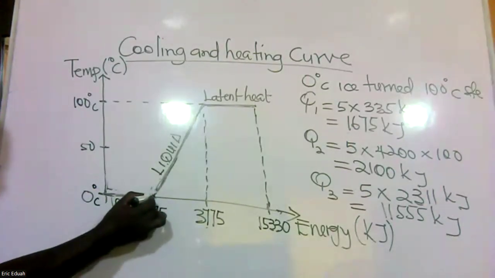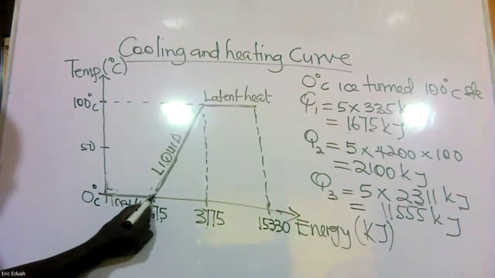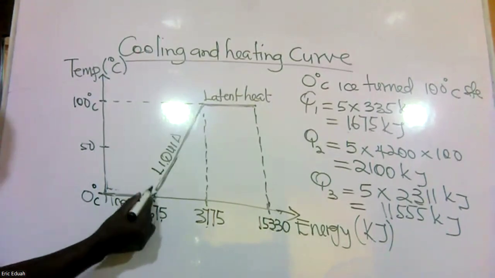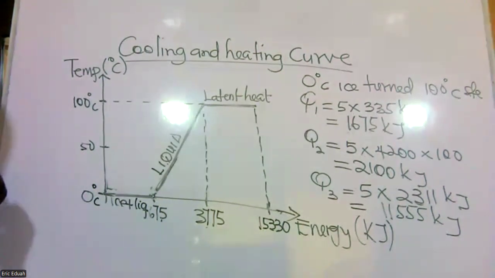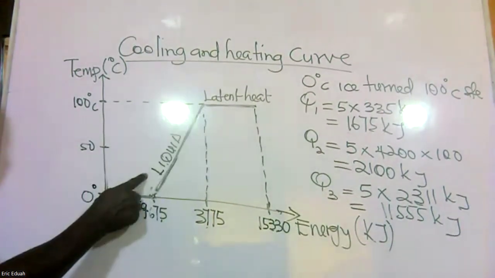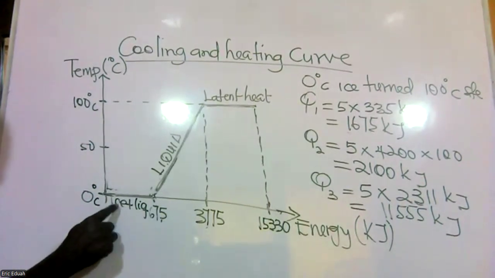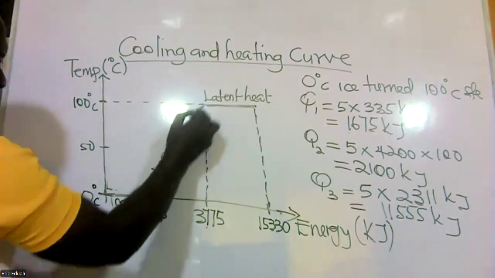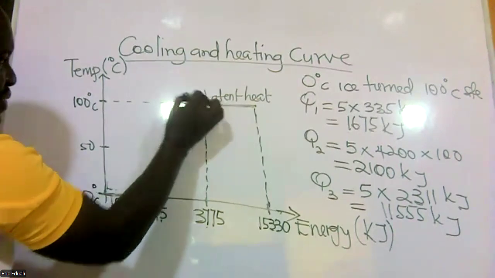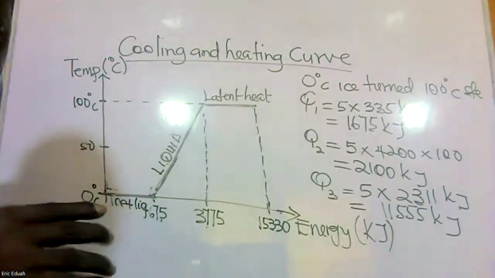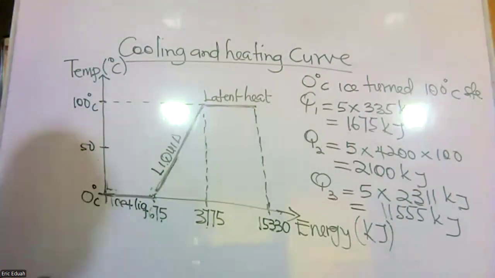By the time we get to this point, every ice has turned to liquid, and its temperature is being raised from 0 to 100. That is why from this point to this point we have liquid, but in between it is ice plus liquid in existence. Then when it is heated to 100 degrees Celsius, which is the boiling point of water, that is the stage where liquid turns to vapor.